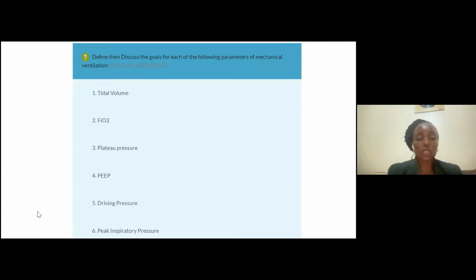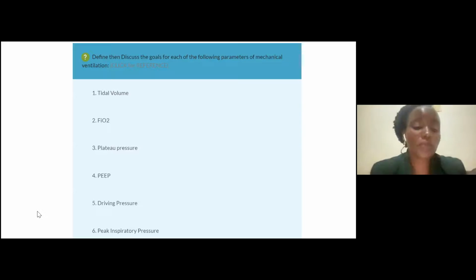So this plateau pressure helps to measure the pressure that is available at the alveolar level and the small airways. Understanding how high the pressure is will help you understand: are these alveoli fully blocked, or is there too much pressure getting into the alveoli that could be harmful to the patient? So having a lower plateau pressure could be beneficial as well.